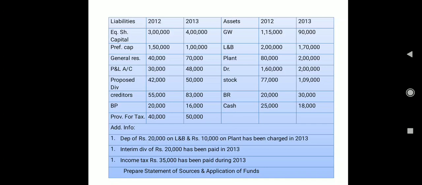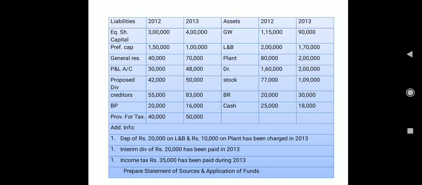That means we have gone for a write-off. And write-off of fictitious or intangible items like goodwill is considered as a non-cash expense.